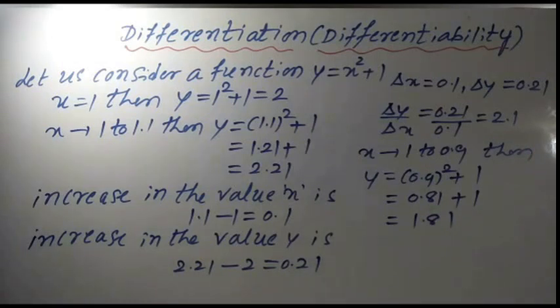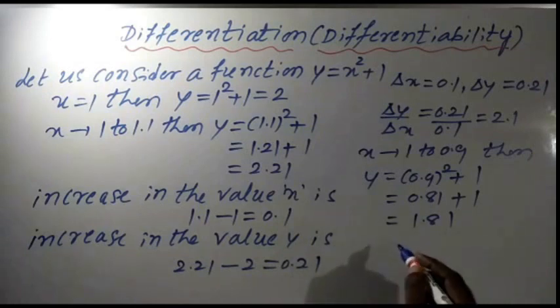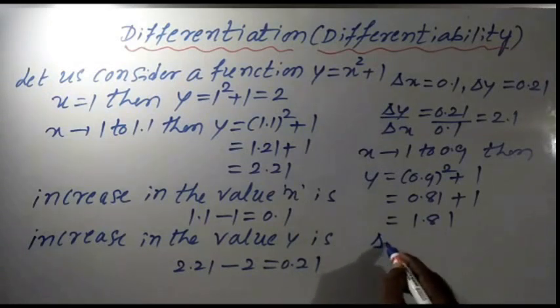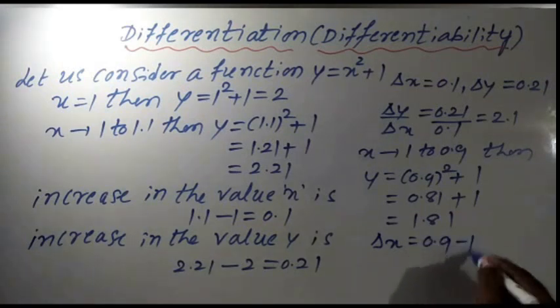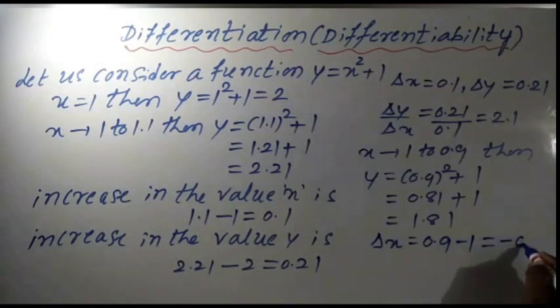Here the decrease in the value of x is delta x is equal to 0.9 minus 1 is equal to minus 0.1.